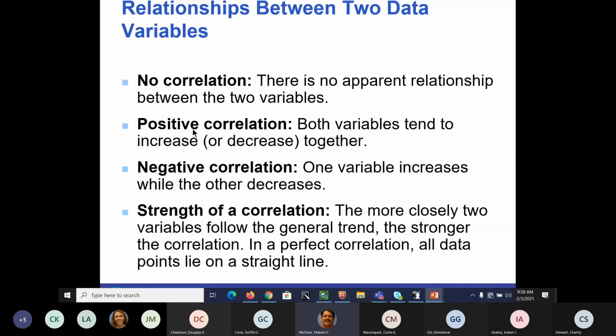Positive correlation, positive slope. Negative correlation, negative slope. Strength of correlation, steepness. How steep a correlation line is, or the pattern, whatever you want to call it. And we need to shut down at 10 o'clock, I know that.